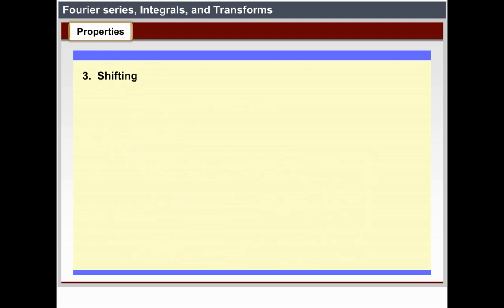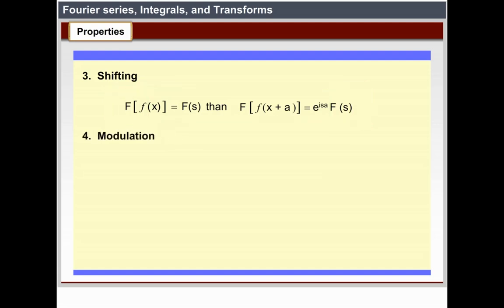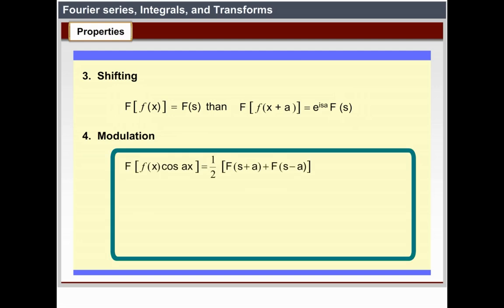Third property, shifting. If capital F of f of x equal to capital F of s, then capital F of f of x plus a equal to e power isa into capital F of s. Number 4. Modulation. Capital F of f of x into cos ax equal to 1 by 2 capital F of s plus a plus capital F of s minus a.